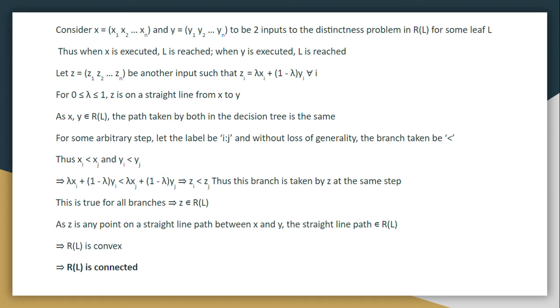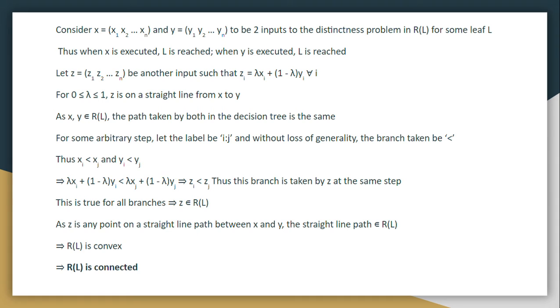And as Z is any point on the straight line between x and y, the entire straight line path lies in the same region, because any point on the path lies in that region. Thus, the entire straight line path will belong to RL, and thus, as x and y also belong to RL, RL is convex, as the definition of convexity goes.